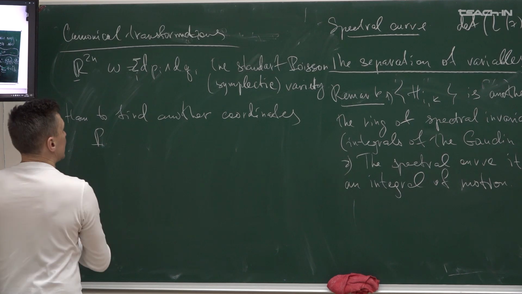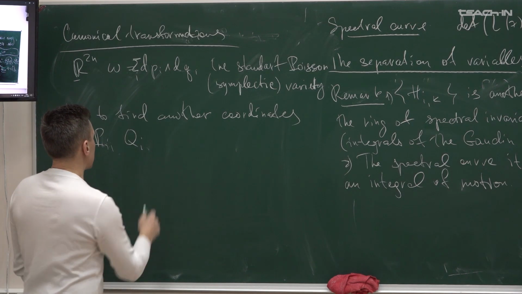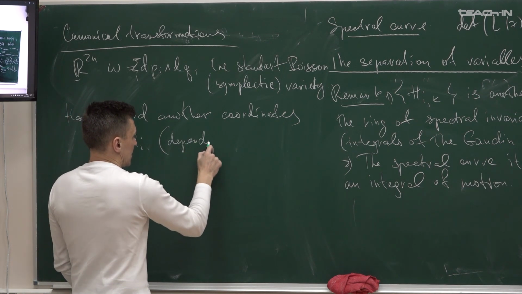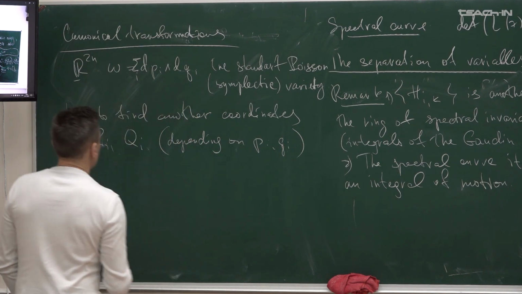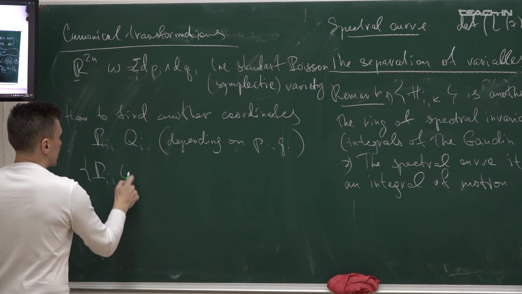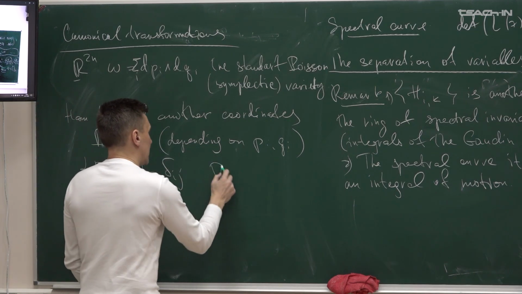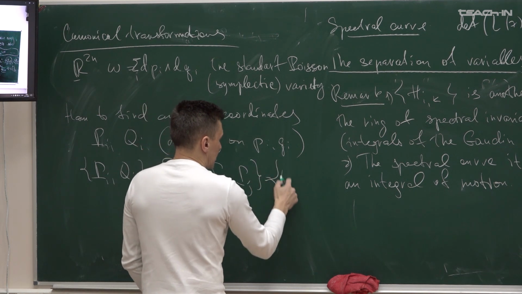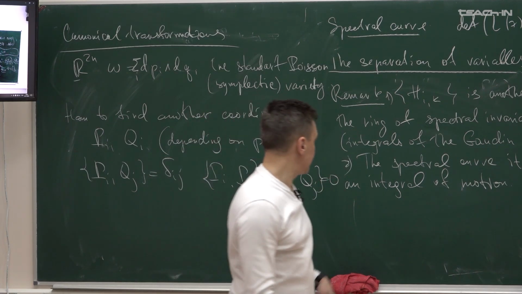I will denote them by big P_i and big Q_i, such that they are functions depending on p_i and q_i, such that the Poisson brackets are also standard, and the other Poisson brackets {Q_i, Q_j} are equal to 0.